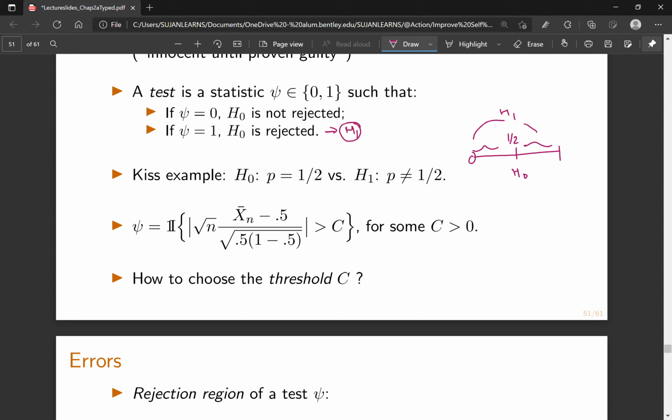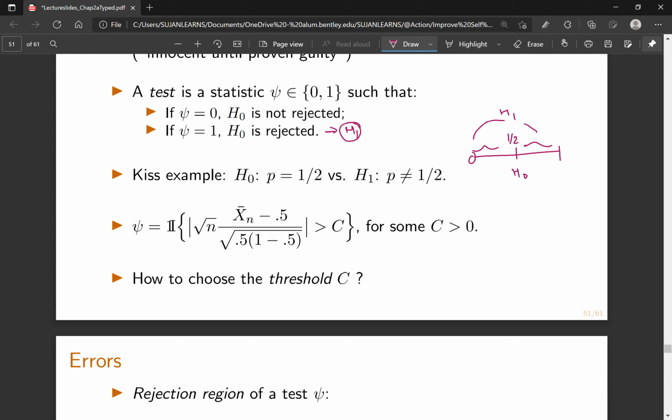because of sampling variability, we can get slightly above half and slightly below half. We have to take such variability into account when we are creating test statistics. Therefore, we'll have some buffer here. While we are doing this, we should also standardize X bar n minus half into a standard normal, so that we can use the standard normal table to create such a buffer.